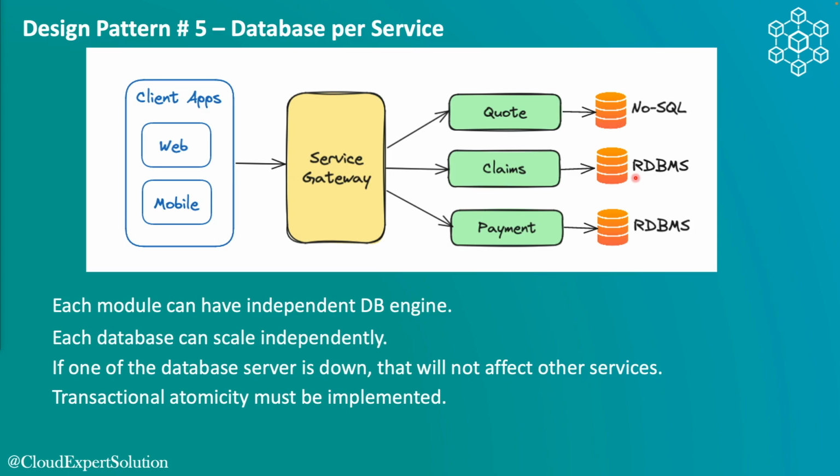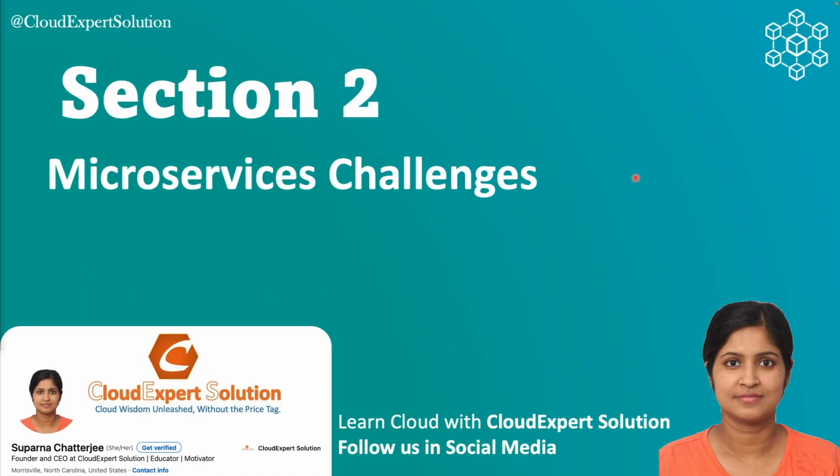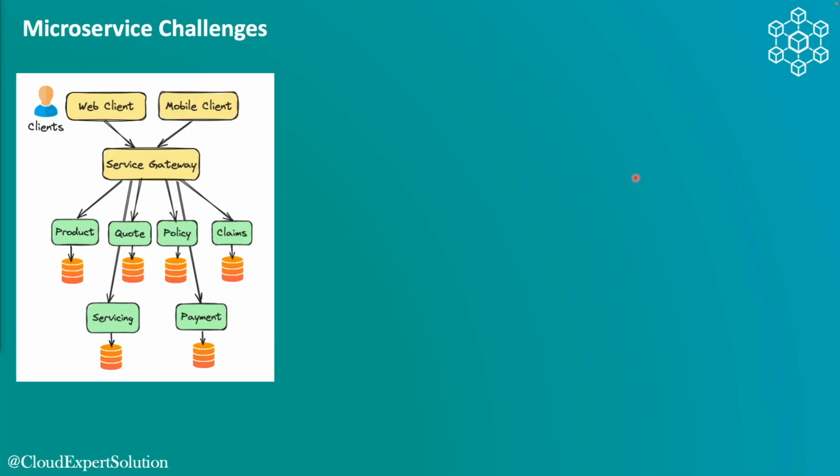Because let's say I am trying to create a policy, first my payment should process, right? If the payment is not processed, I should not issue that policy. So that is how I should implement the transactional atomicity when I segregate the services based on their business functionality.